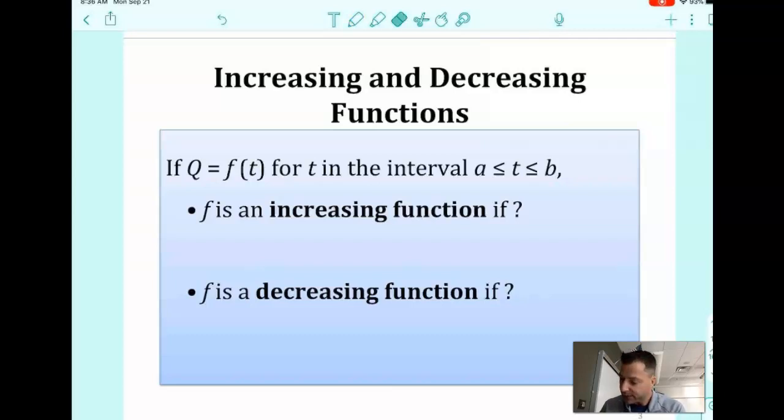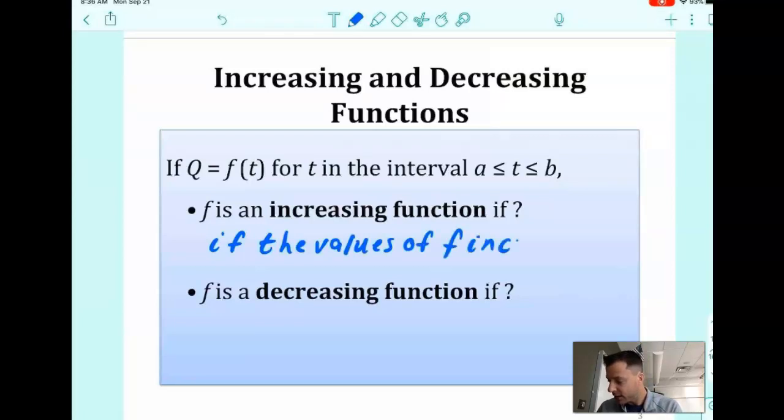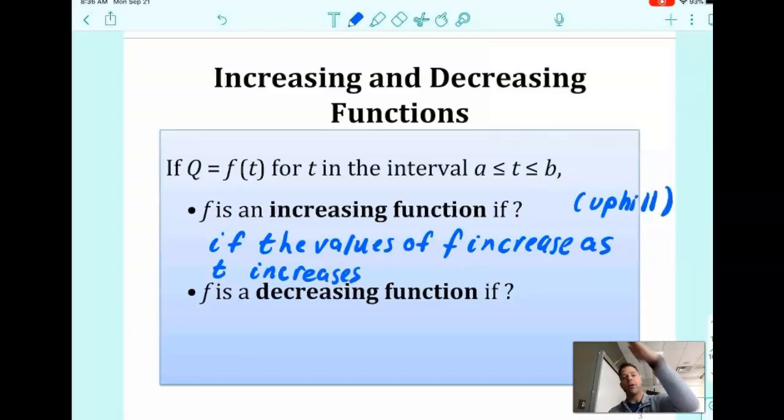So f is an increasing function if the values of f increase as t increases. And I want you to think of that as being uphill. The graph looks like it's going uphill, like your parents: I used to walk to school uphill both ways. The graph, both variables are increasing, and we read that graph from left to right.